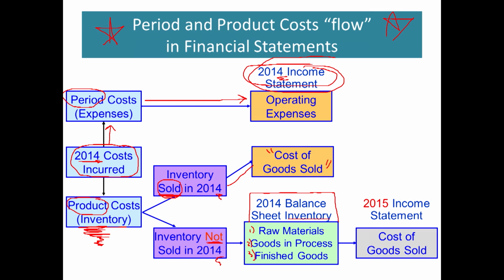Now, when those goods are sold, let's say they're sold in 2015. Well, then they finally make their way to the 2015 income statement through cost of goods sold. Very important.